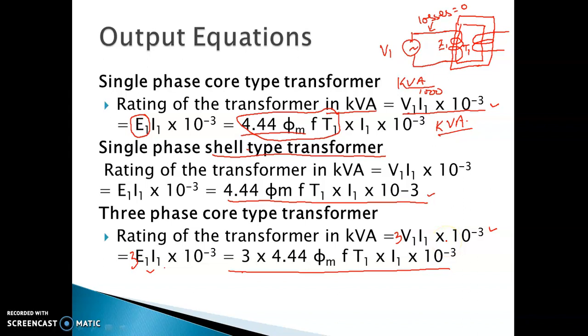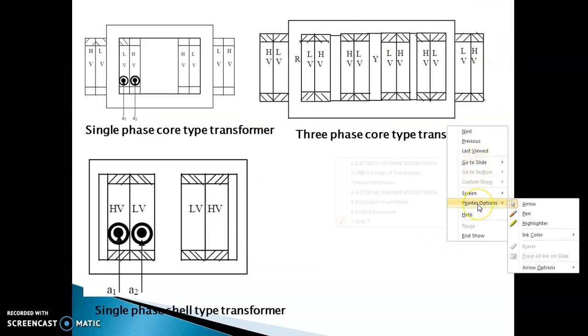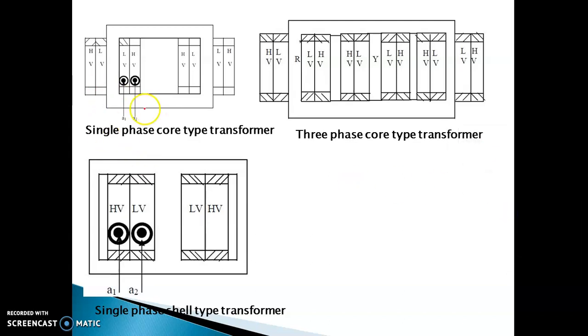Core type and shell type, these 2 types of transformers are given. You see here in this diagram, the core type and shell type diagram is given. This is your single phase core type transformer. You see the high voltage side and low voltage side. Half portion is high voltage, half portion is low voltage.